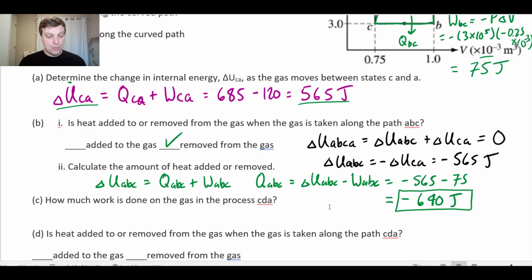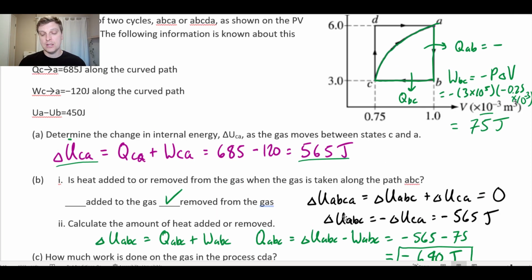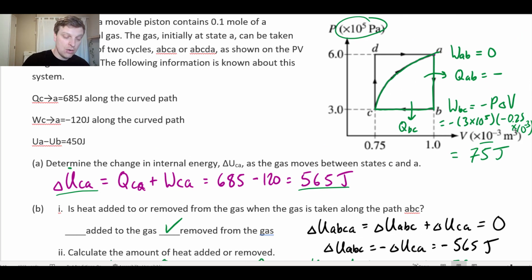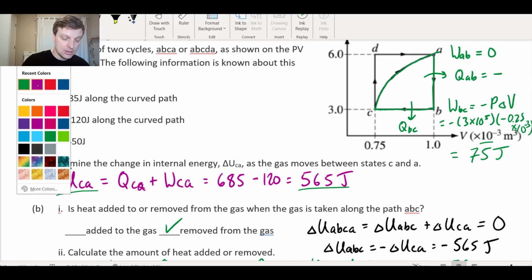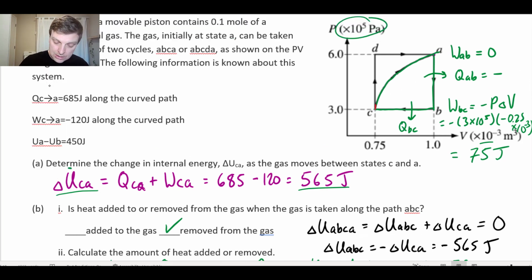Okay, question C is asking, how much work is done on the gas in the process CDA? So now it wants us to go over to this other step, and we're going to go C to D to A. And so how much work is done in this process? Well, think about this step here.